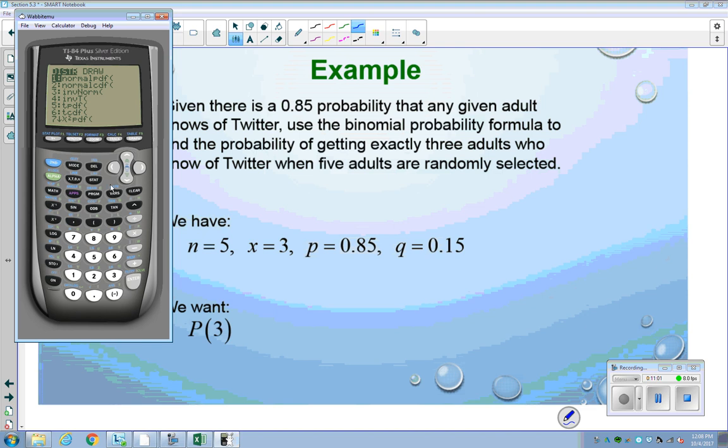Once you see this screen, use your down cursor key and cursor all the way down to letter A on your calculator, binomial distribution. Does everybody see that one on their calculator screen?